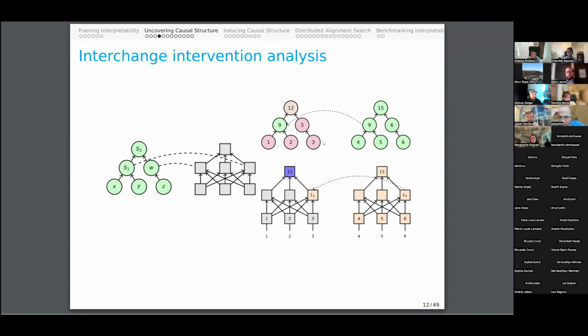So that's why interchange interventions, why not some other intervention that we could apply to the network? The way I think about it is, if you're analyzing the system in itself, interchange interventions are the bare minimum of what you want to be able to analyze, because these are the actual values taken.